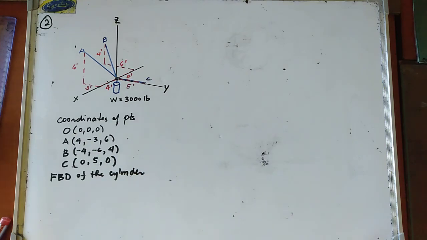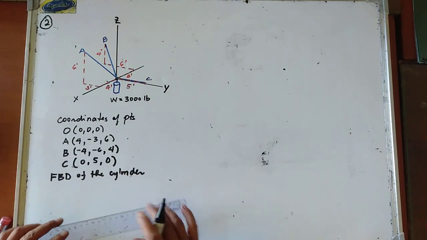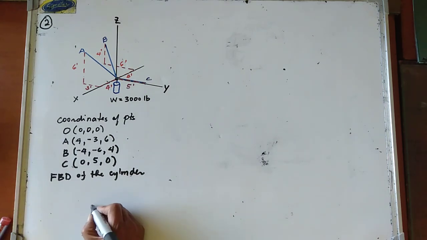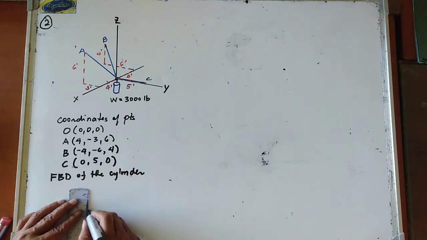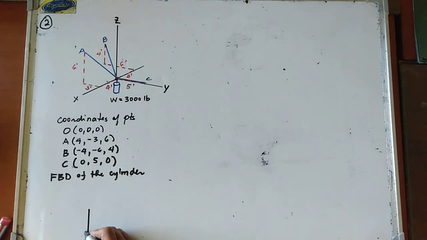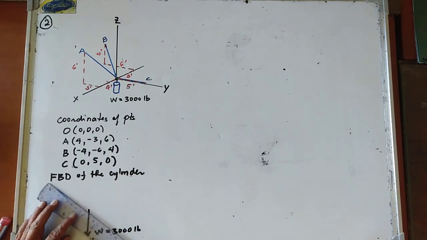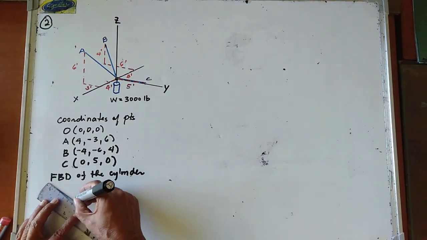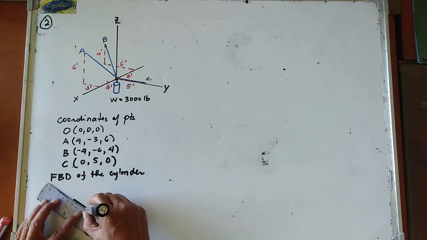So the FBD of the cylinder is, this is the weight of the cylinder, and this one is equal to 3,000 pounds. We have tension in A, so we have your TA.